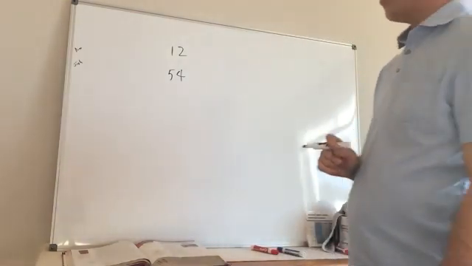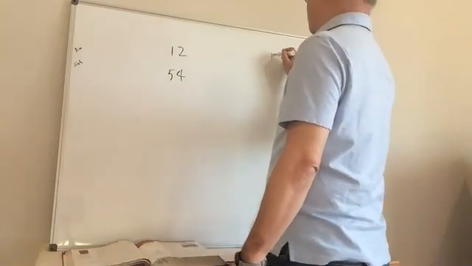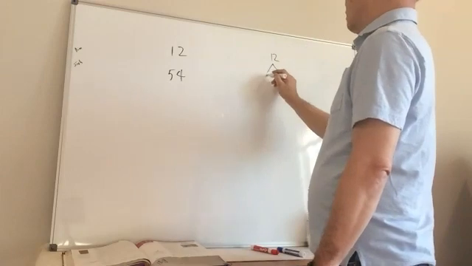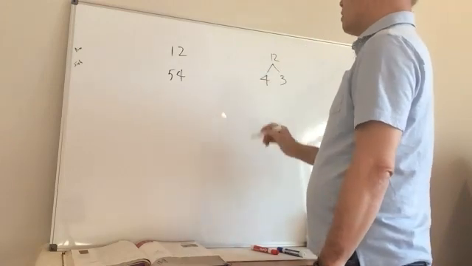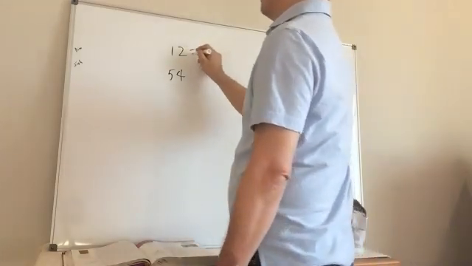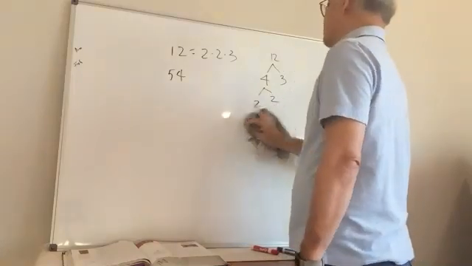Okay, so again, let's do 12 first, greatest common factor. So let's do the prime factorization. 4 times 3, 2 times 2, and we can't go any further. 2 times 2 times 3. Okay, so that's 12.